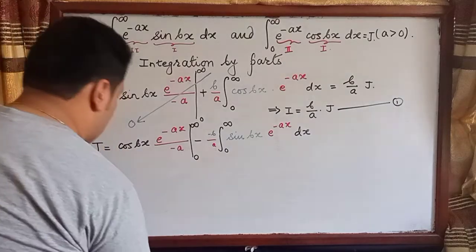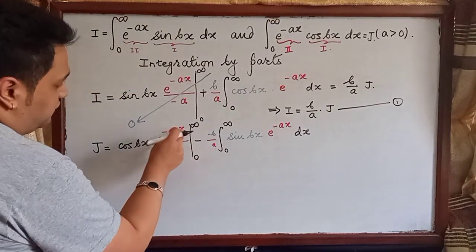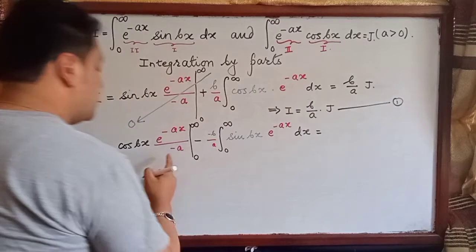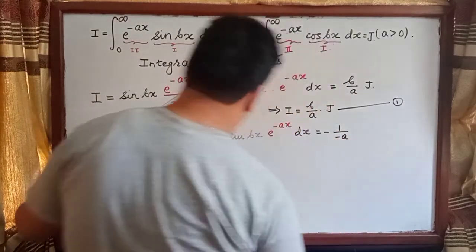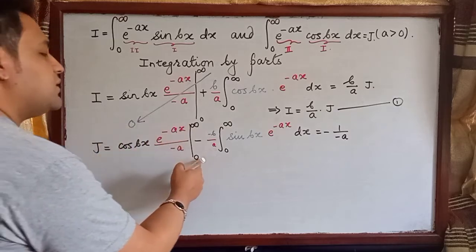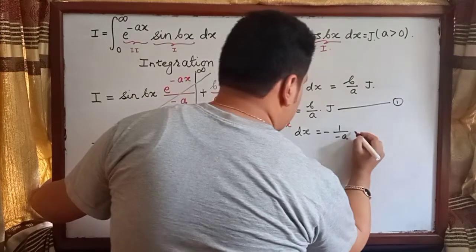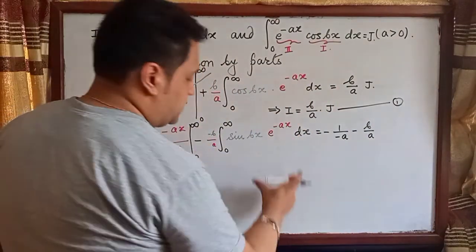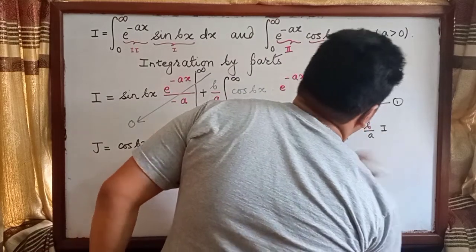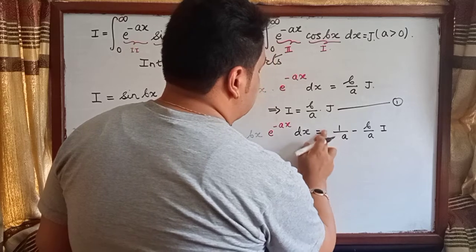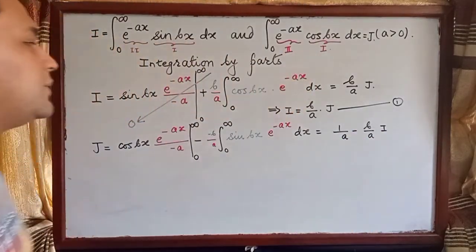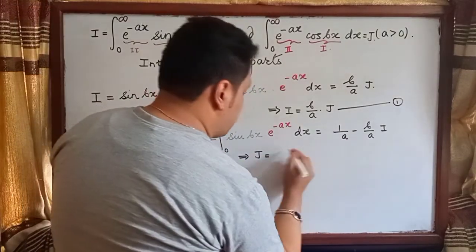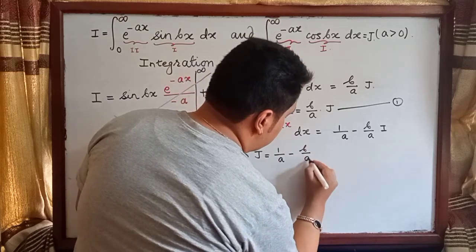The other term will not be 0, however, because exponential of 0 is equal to 1 and cos of 0 is also equal to 1, and we will be left with minus 1 over minus a, evaluated at x equal to 0, and minus b by a, and this integral is I. So j is nothing but 1 by a minus b by a times I.